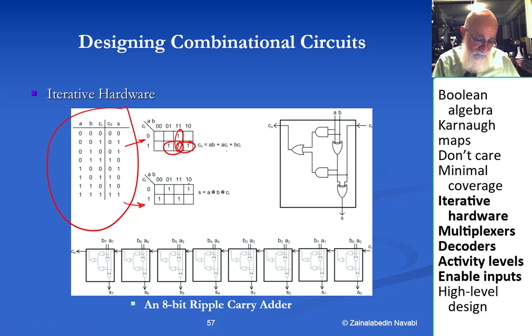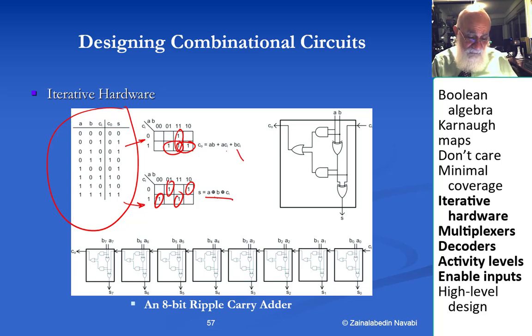This one has 4 ones in a chess format or a checkerboard format, and the sum output is A XOR B XOR CI. Okay, actually the output is 1 when the number of ones on the inputs is odd, and therefore that's XOR of the 3 inputs.